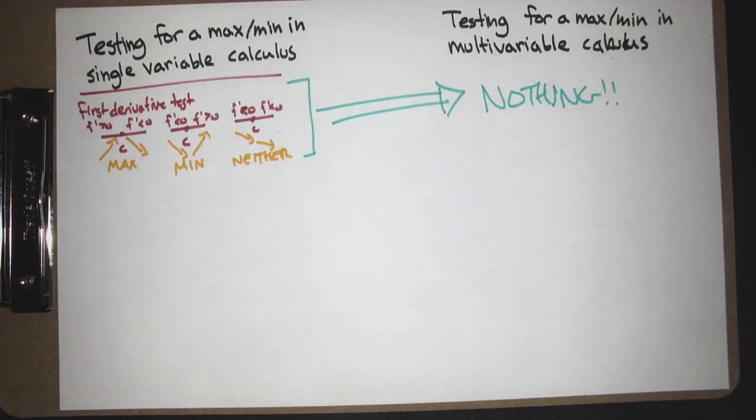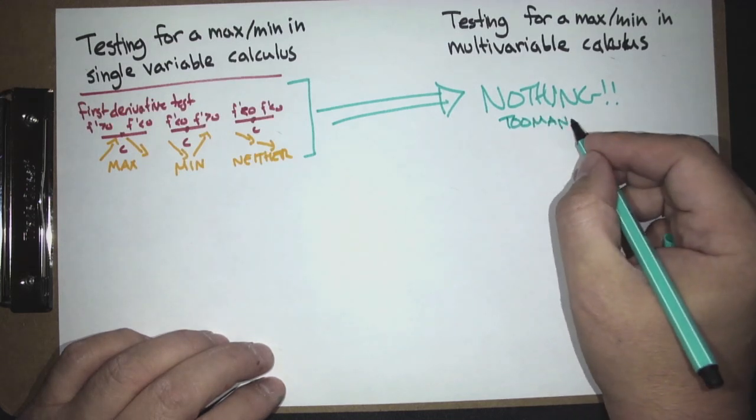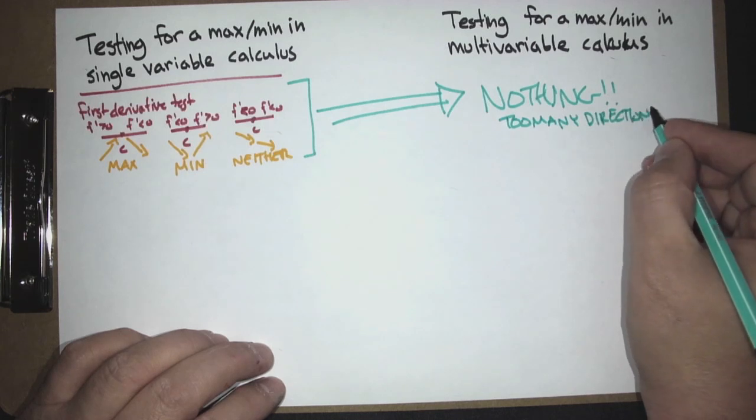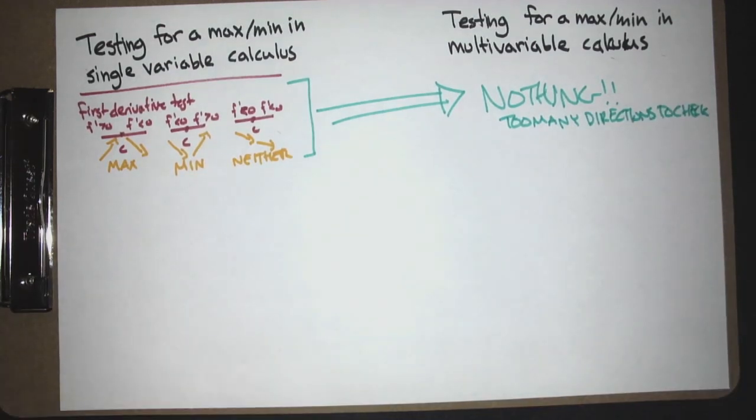So you can test, say, there's like 18 different directions I tested, and in all of them, it looks like I'm at a maximum. Does that mean you're at a maximum? No, because you maybe are not looking at it from the right direction. So the problem is there's too many directions to test. And there's just no way to do this using the first derivatives. Too many directions to check. All right, well that's disappointing. But that's okay, we've got space.